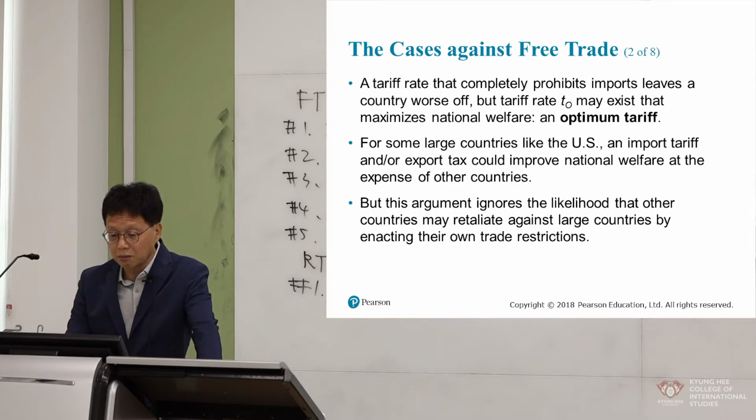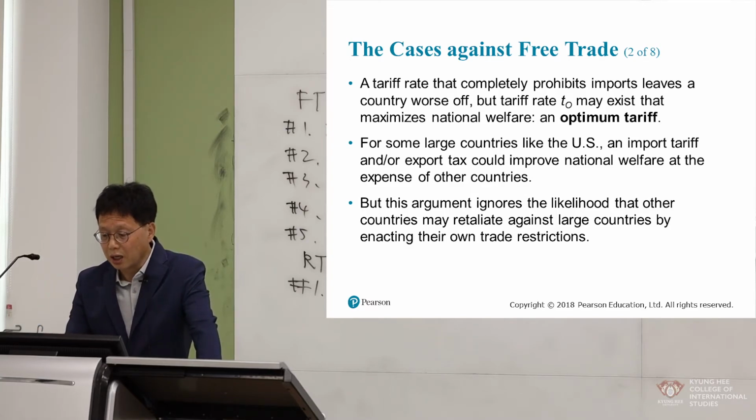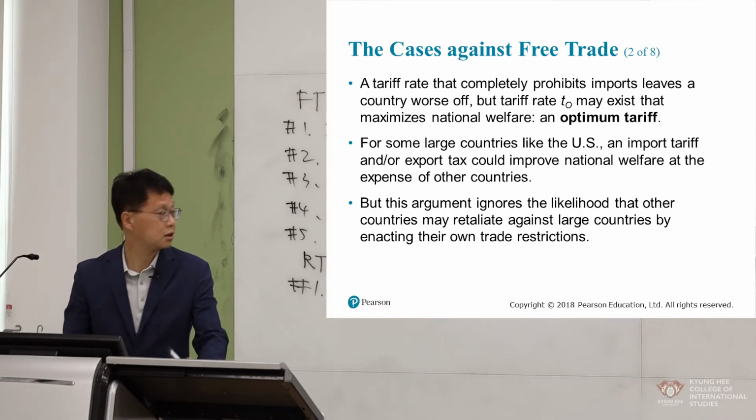An import tariff and or export tax could improve national welfare at the expense of other countries. Why? Terms of trade gain. Terms of trade gain happens at the expense of other countries, foreign countries, exporting countries, right? But this argument ignores the likelihood that other countries may retaliate against large countries by enacting their own trade restrictions.